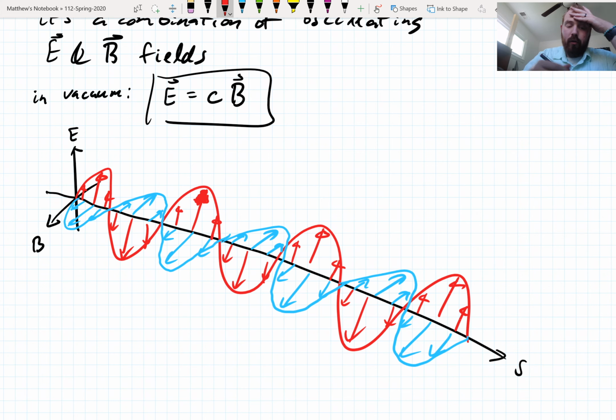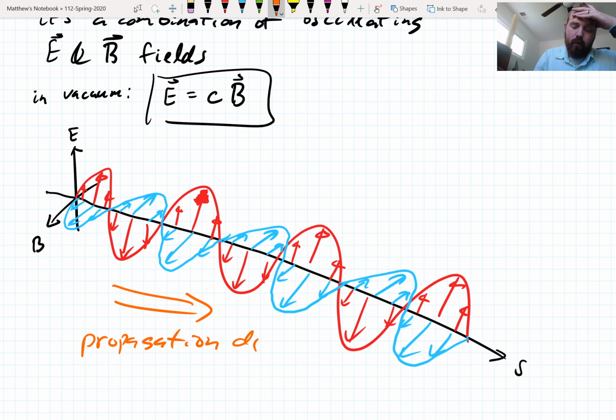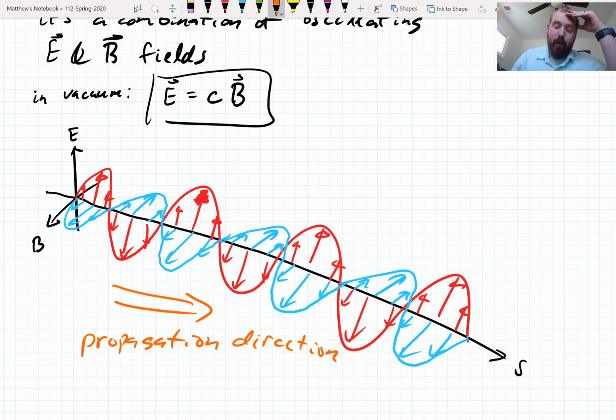So there is our simplest electromagnetic wave propagating down, and that wave has to be traveling at the speed of light. At speed c, going that direction. So by combining electromagnetic fields, we've created waves. Those waves turn out to be light itself.